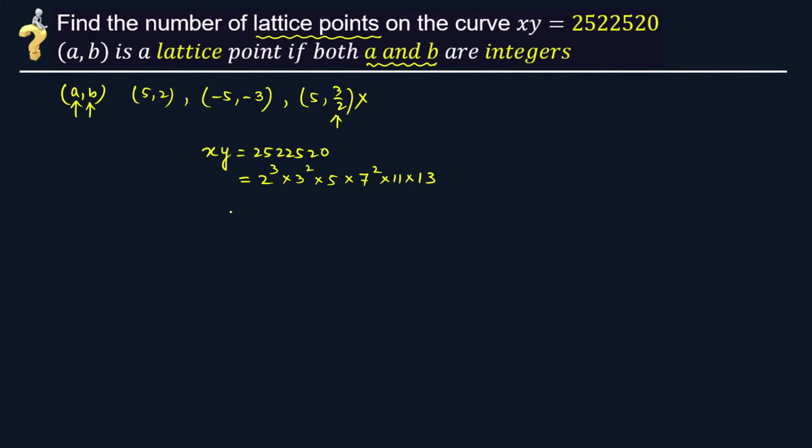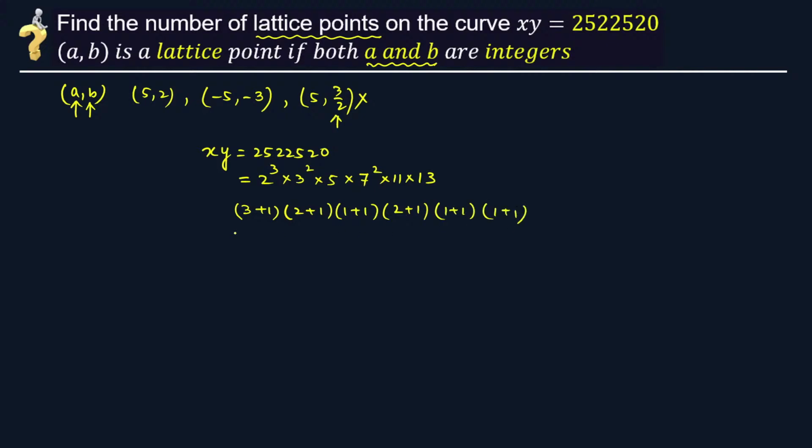Now the question is, how to find the number of ways in which a number can be expressed as a product of 2 divisors. So I have learned that here you have to find how many divisors there are. First of all, it is not a perfect square. That we can see because the powers are not even everywhere. Right? So the total number of divisors will be 3 plus 1, 2 plus 1, 1 plus 1.